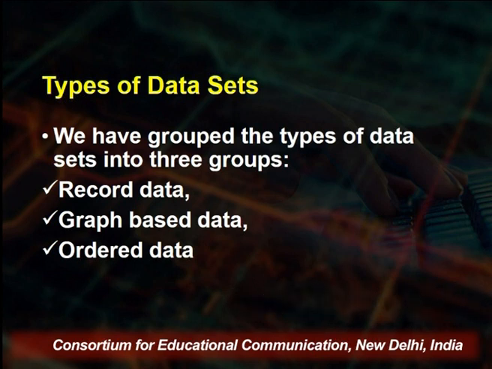The first type is the record data set, the second is the graph based data, and the third is the ordered data set. Before we look at the actual data sets, it is important to know some general characteristics of data sets, because if you know the general characteristics, it is easier to understand the characteristics of the individual types, that is record, graph or ordered data sets.